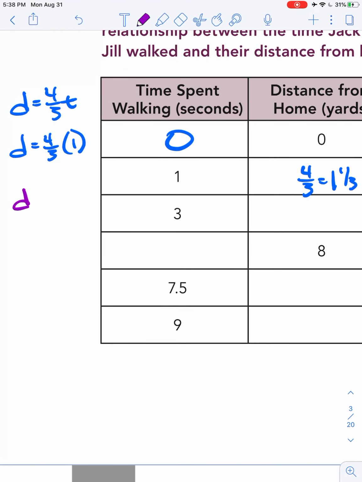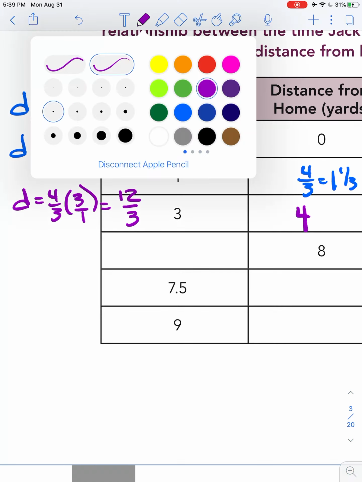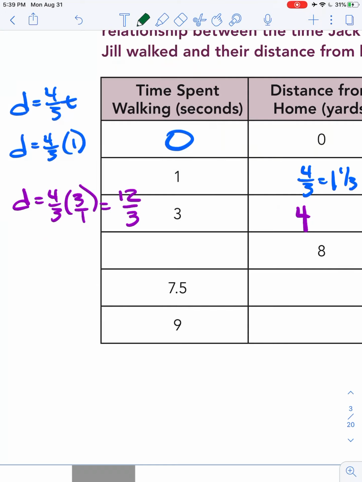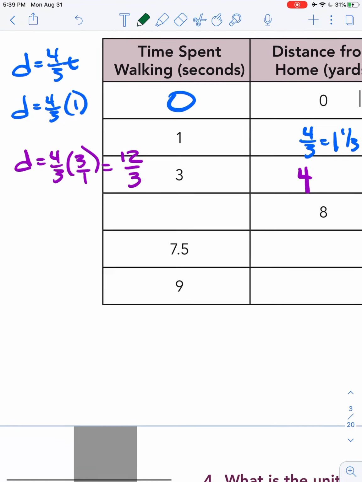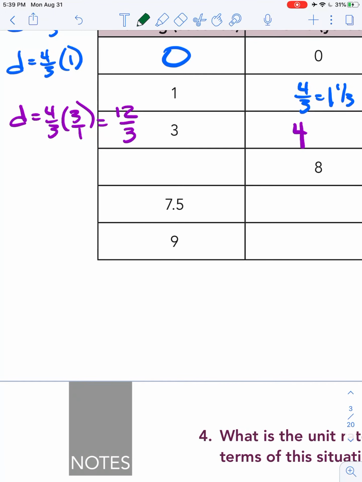Then I'm going to do 4/3 and plug in 3. That's the same thing as saying 3/1. Now, the 3's cancel, but I will actually multiply it out so you can see it. 12 divided by 3 gets you 4. I'm going to skip this one for just a second, and I'm going to come down to this one.